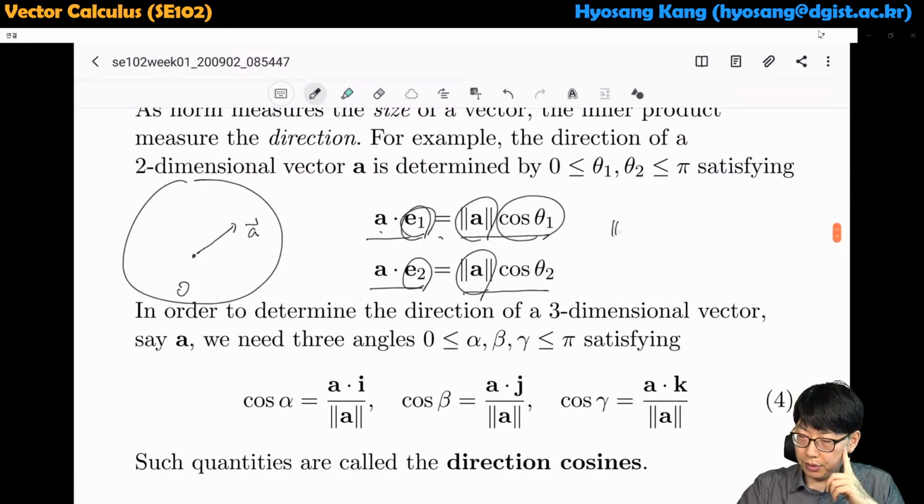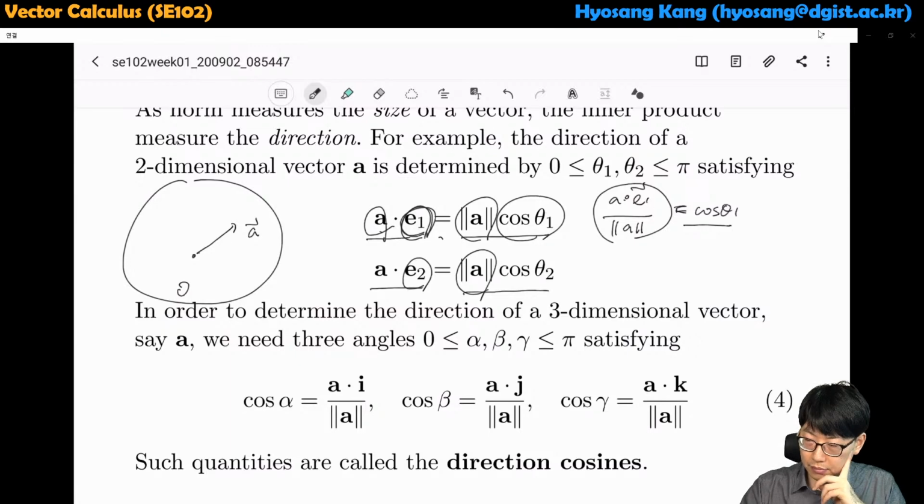Suppose that I have computed A inner product with E1 divided by the norm of A. I get a value, and I know that this is the cosine of theta 1, where theta 1 is the angle between E1 and A. So I know theta 1 by taking the arc cosine of this value.